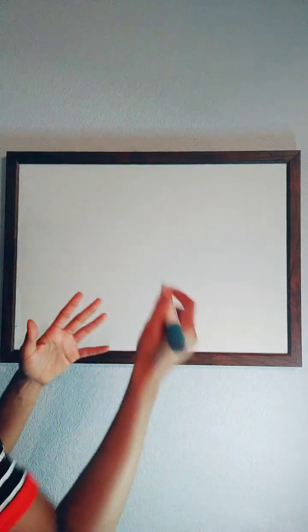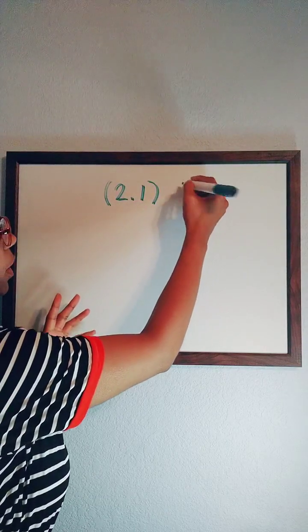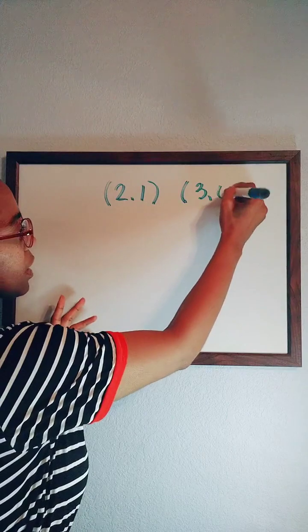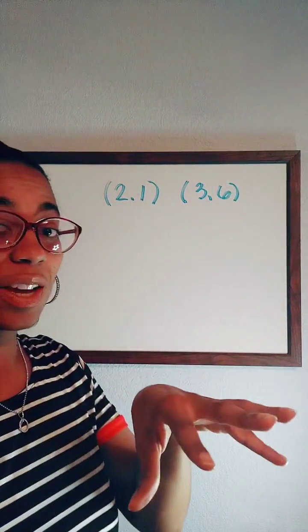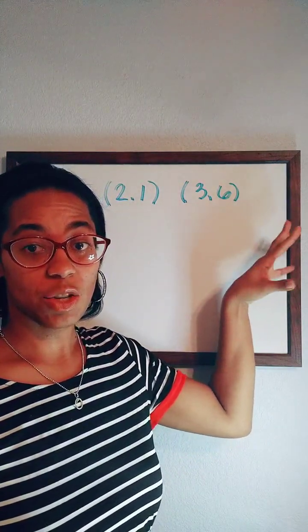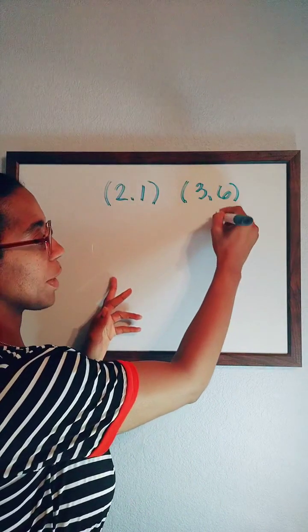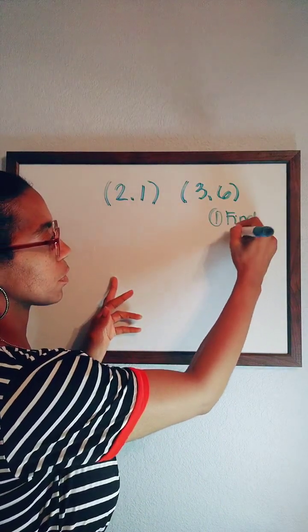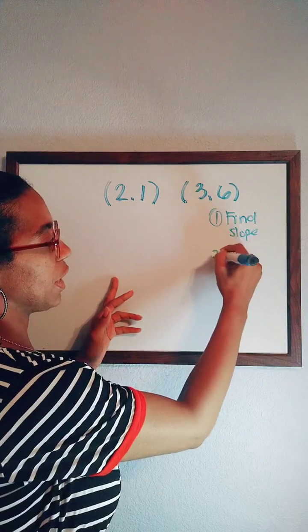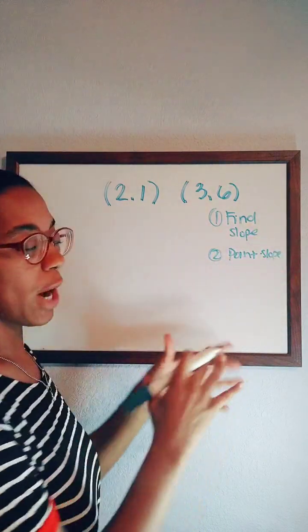They give you these formulas so you can flip back and forth. With linear equations, let me show you, because somebody said do a linear equation. If I was given 2 points like 2, 1 and 3, 6, and it says to write the equation of a line using these 2 points, first I would have to find the slope. Then I would either use point slope formula, or y equals mx plus b.